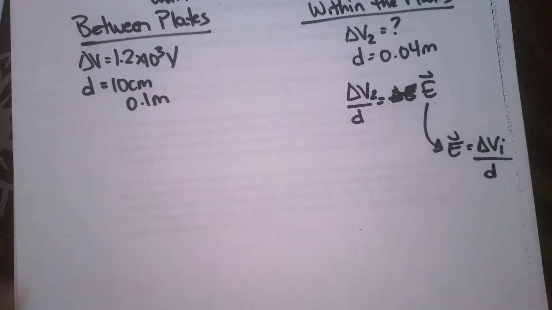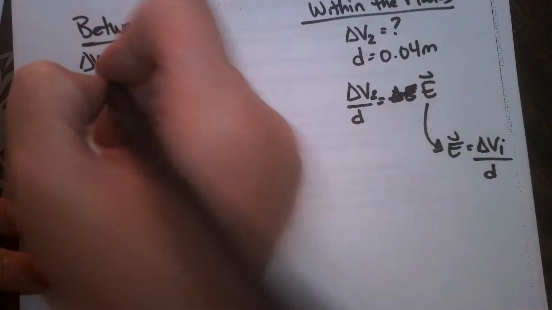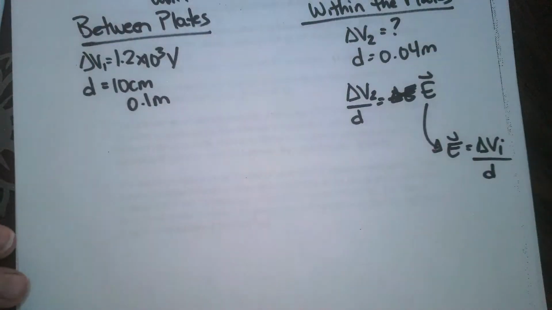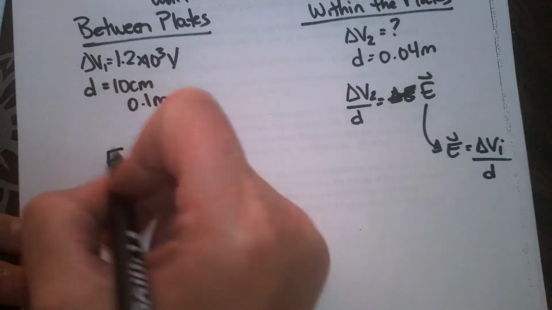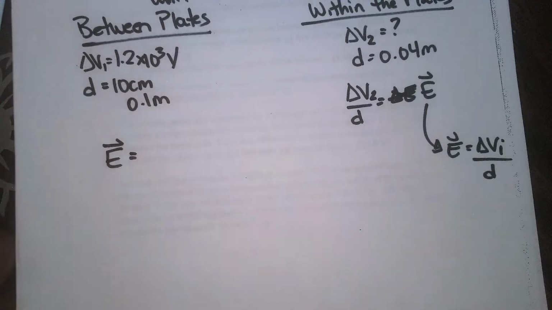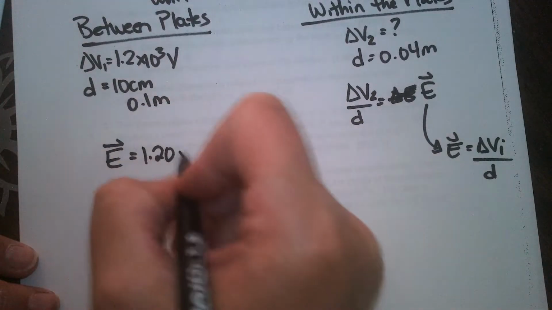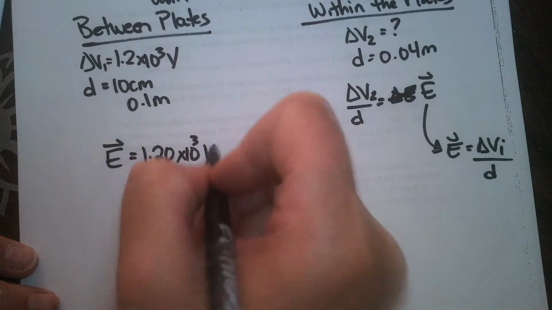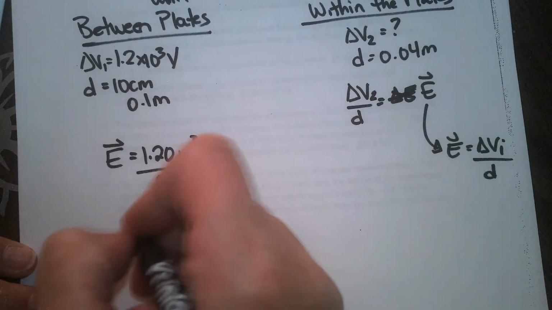Okay. If I call this V1, this is V2. They're not really VI, VF. They're V1, V2. So if I'm looking at my uniform electric field strength, I can go 1.2 times 10 to the 3 volts divided by 0.1 meter.